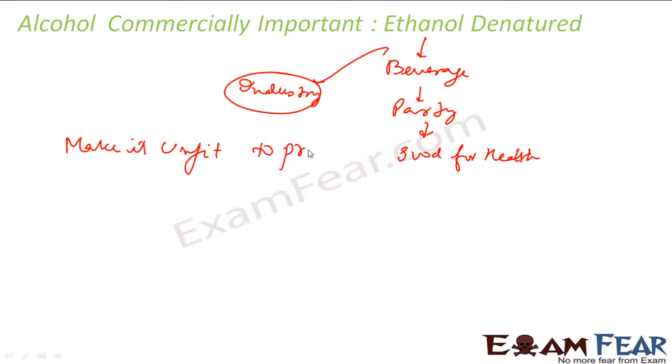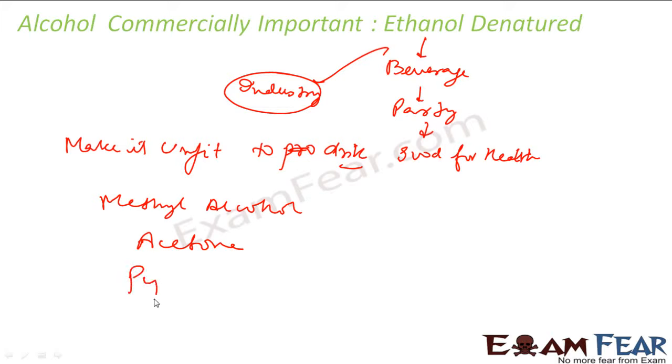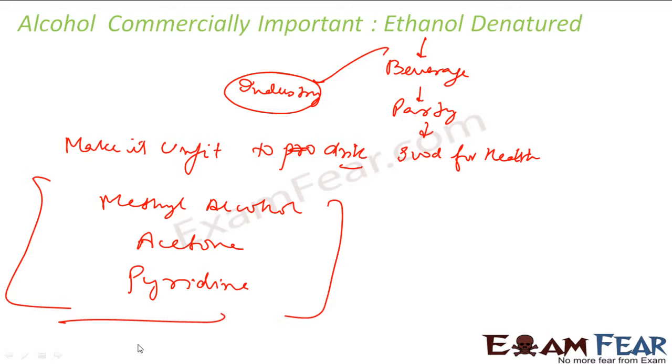By adding poison to it. And what is the poison? Poison can be methyl alcohol. This is one poison. Poison can be acetone, or poison can be pyridine. Any of these can be used to make ethanol denatured.